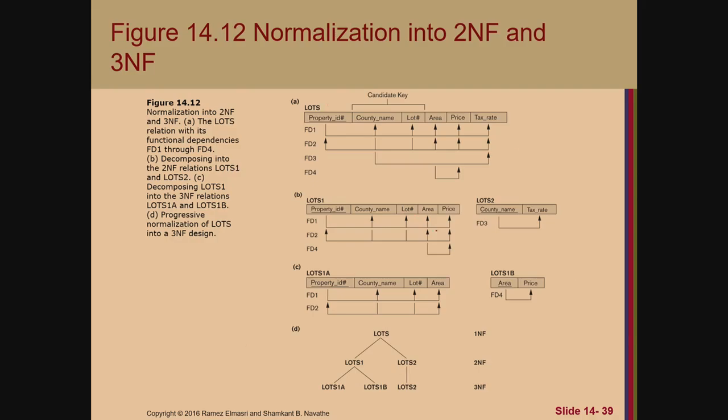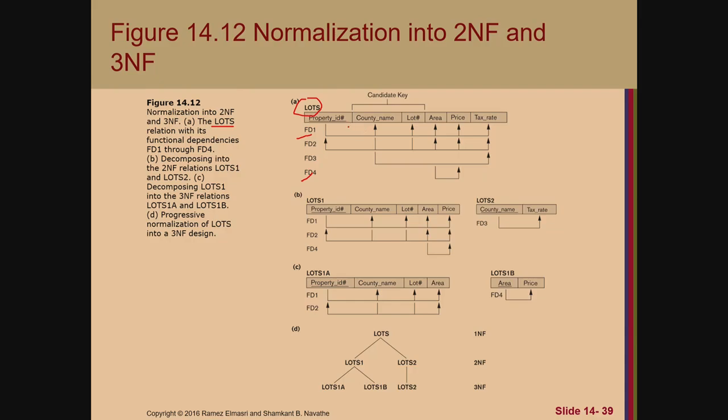Wow, we have lots. Okay, let's see. Normalization into second normal form and third. Okay, a lot relation with the functional dependencies 1, 2, 4. Okay, we check that now we have a key.